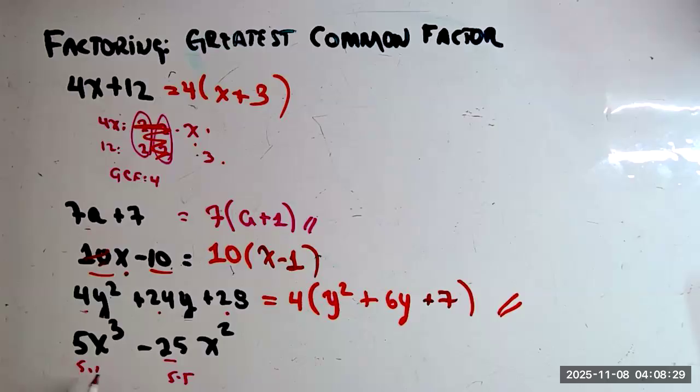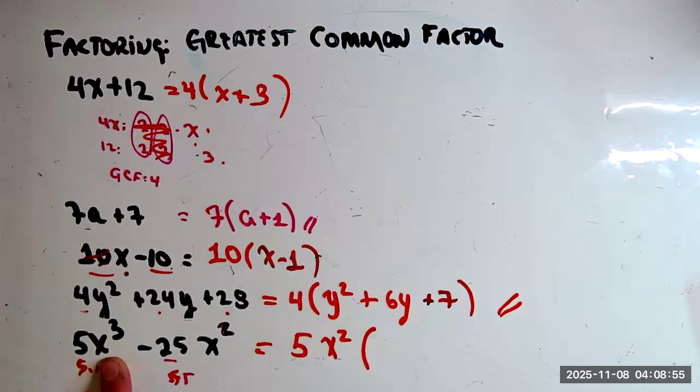Every time we're looking for the greatest common factor, if we share variables, we share the lowest exponent. In this case, between 2 and 3, x squared will be the x with the lower exponent. Notice that 5 is the common factor. And in terms of the x cubed, x squared, we can factor out 2 x's.